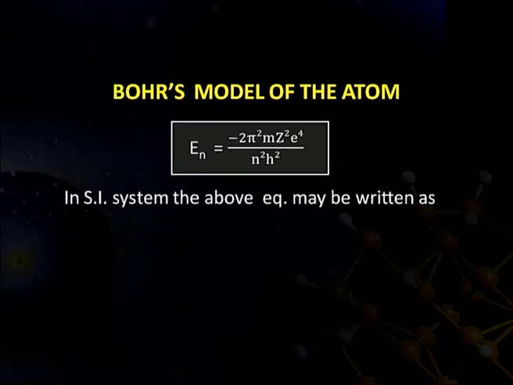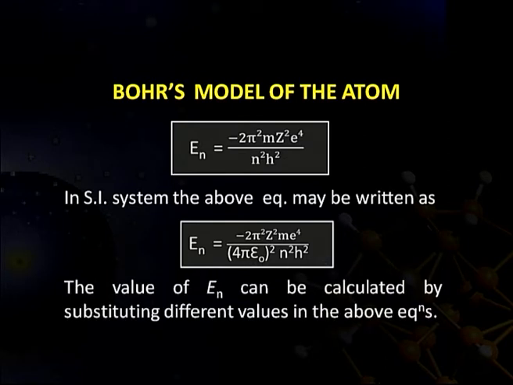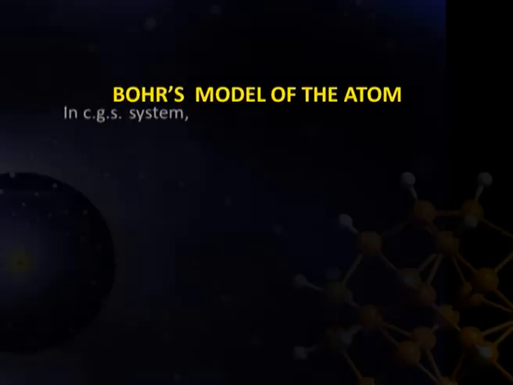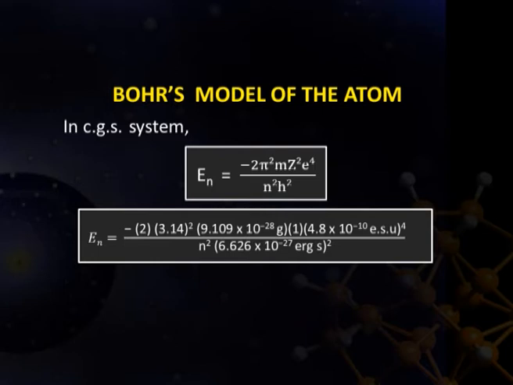This equation in SI system may be written like this, and the value of En can be calculated by substituting the different values in the above equation. In CGS system, En is equal to minus 2 pi square m Z square e to the power 4 upon n square h square, and the En value can be calculated by these values.